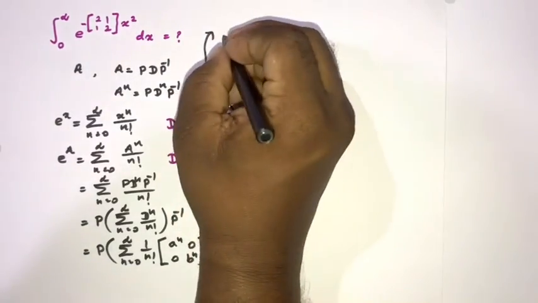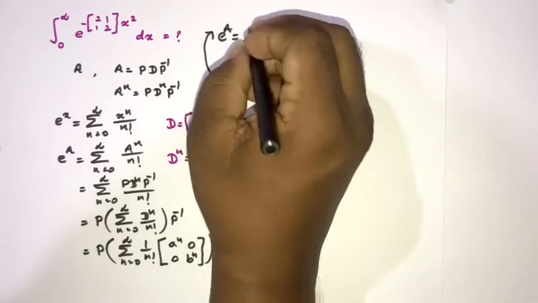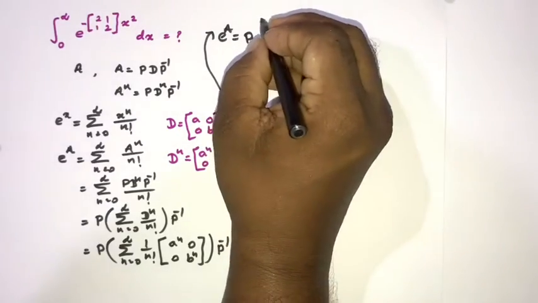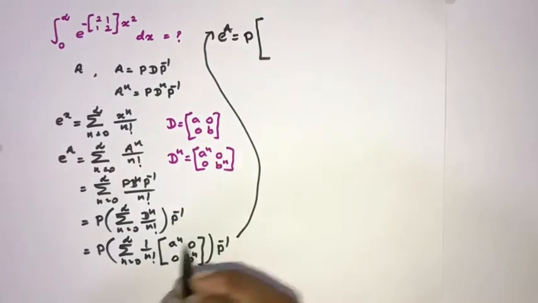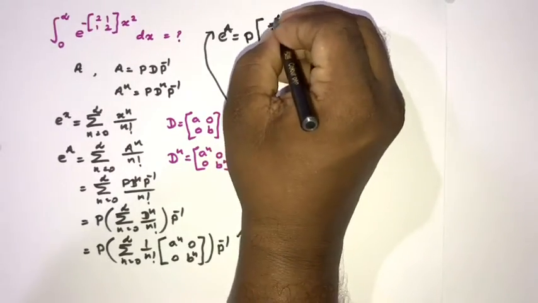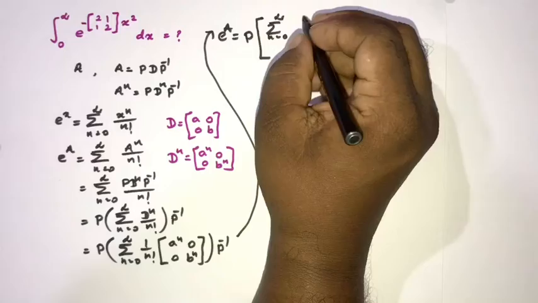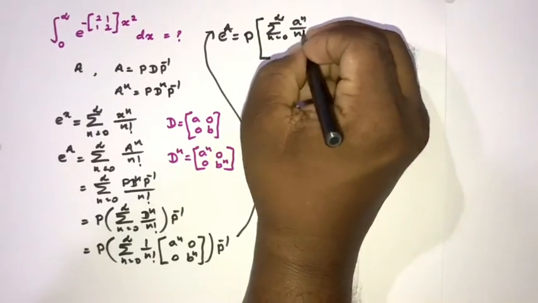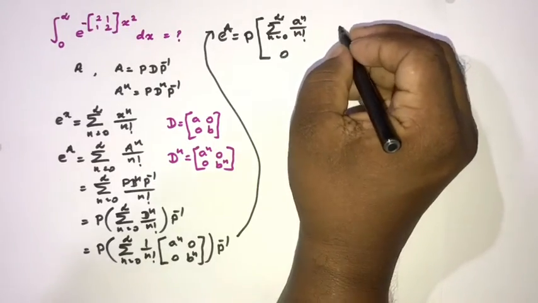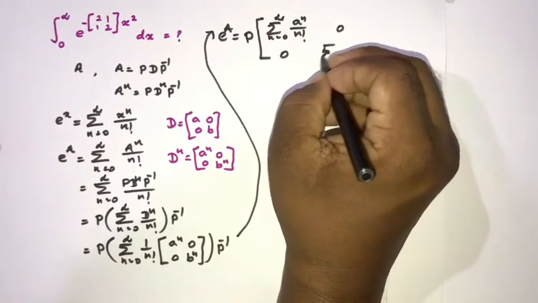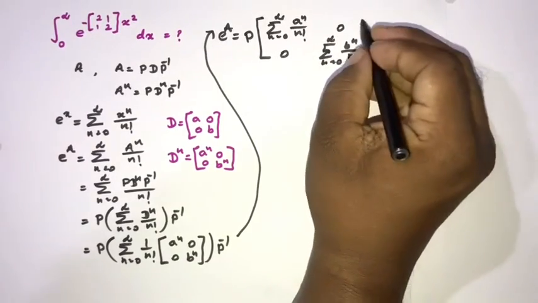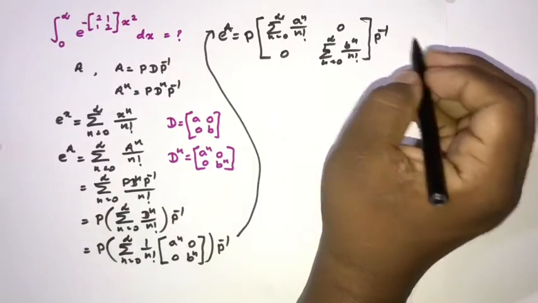Then we can write e to the A is equal to P times the matrix with the sum from 0 to infinity of a to the n over n factorial, here 0 and here also 0, and here the sum from 0 to infinity of b to the n over n factorial, and then P inverse.